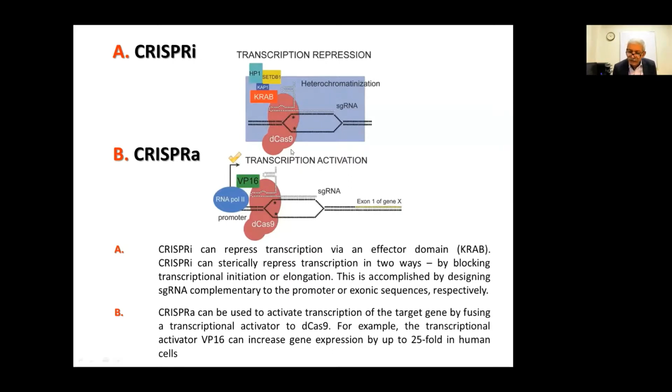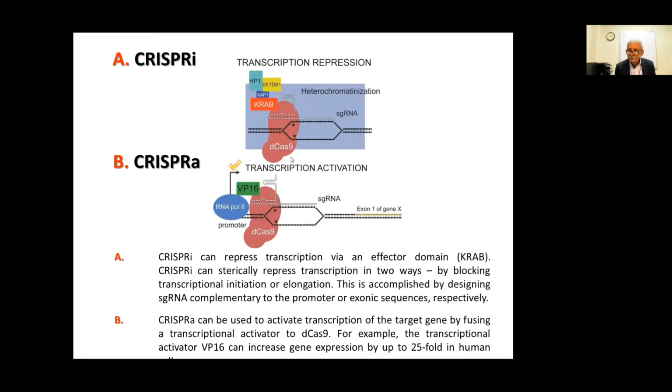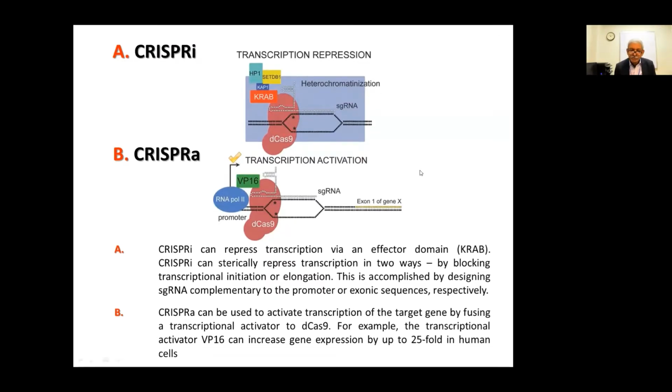Suppose you have to suppress a gene. How can you do that? How can you suppress a gene? Simply, you occupy the promoter region and don't let the RNA polymerase come and do transcription. If there is no transcription, there is no gene expression. Is it clear? Does it make sense?